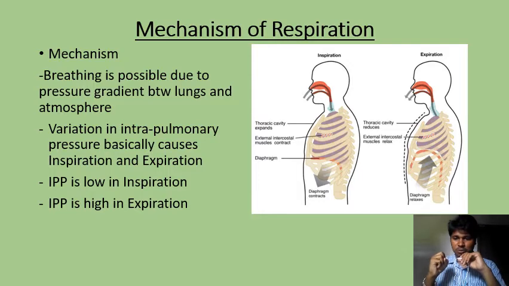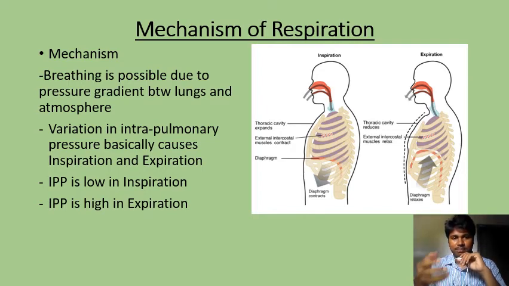So there are two changes that you are able to see: your lungs are expanding and they are also contracting. In inhalation they are expanding, in exhalation they are contracting. This expansion and contraction process is called the breathing mechanism.